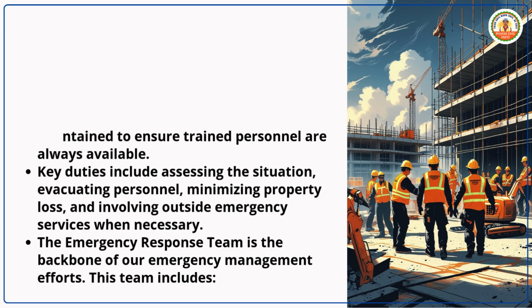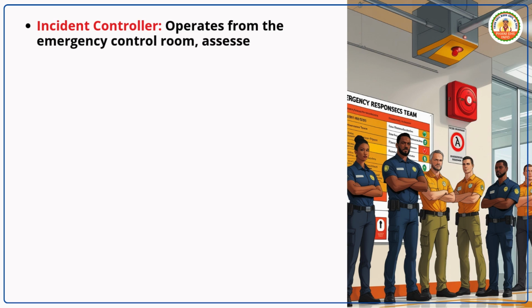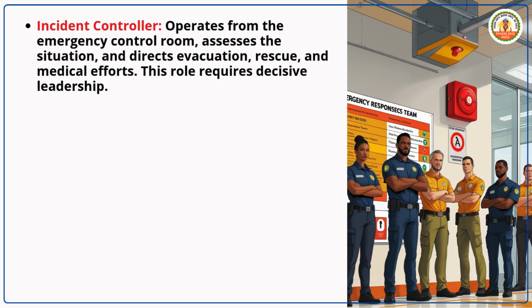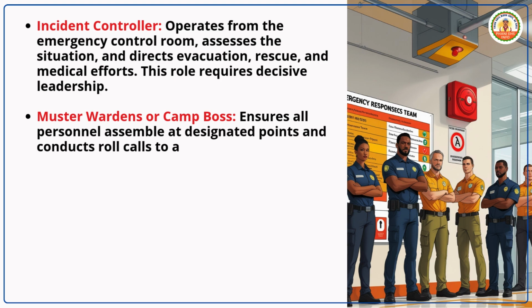This team includes the Incident Controller, who operates from the emergency control room, assesses the situation and directs evacuation, rescue, and medical efforts. This role requires decisive leadership. Muster Wardens or Camp Boss ensures all personnel assemble at designated points and conducts roll calls to account for everyone.